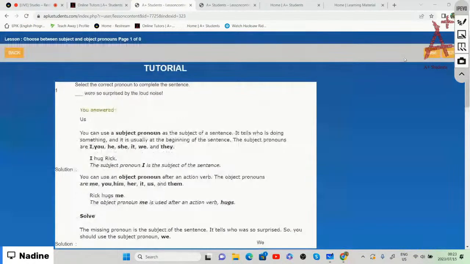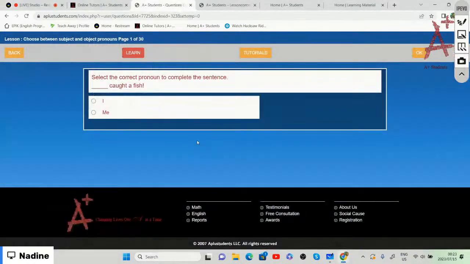All right, so let's do a test on choosing between subject and object pronouns. We need to select the correct pronoun to complete the sentence. So is it I caught a fish or me caught a fish?